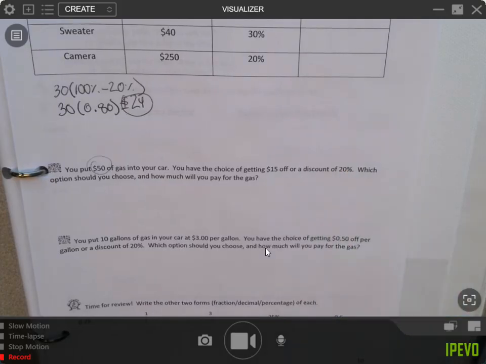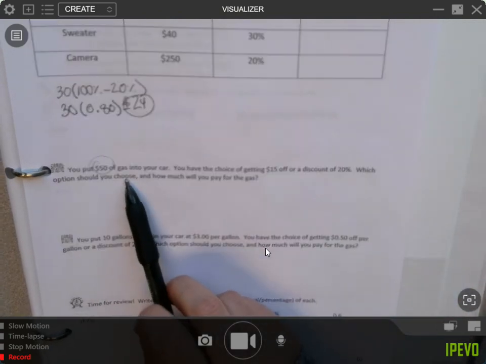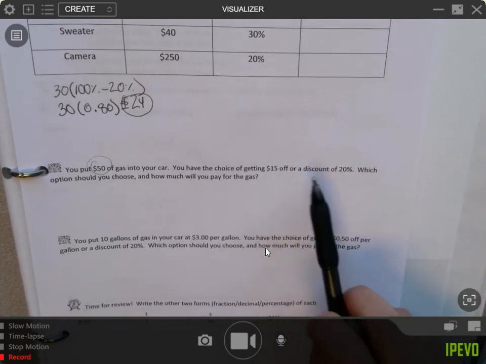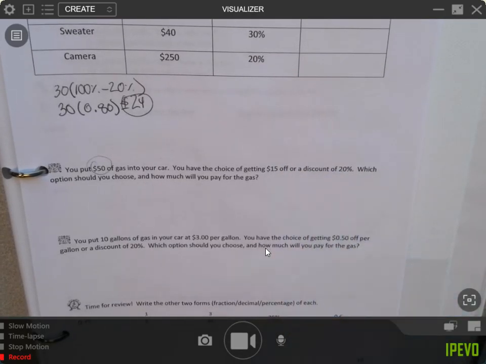Which coupon do you want to use, $15 off or 20% off? So your answer is going to be which option and how much you're going to pay for the gas. You have to tell me what that sale price is.